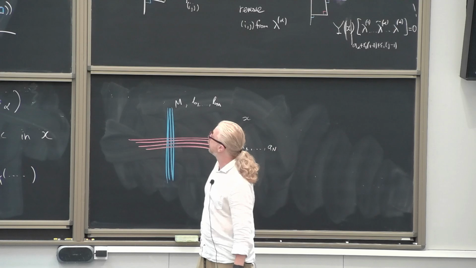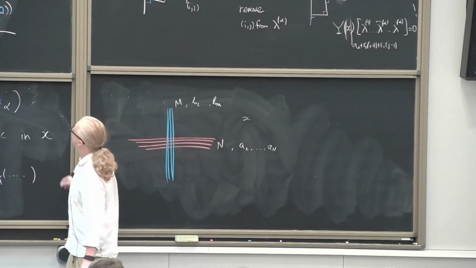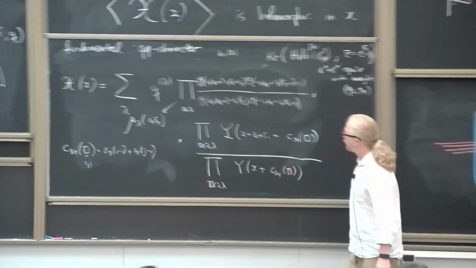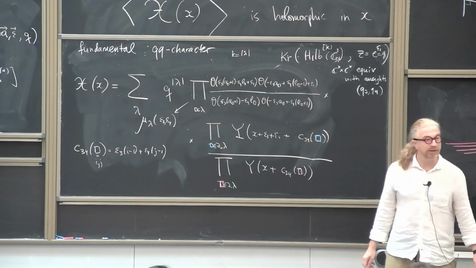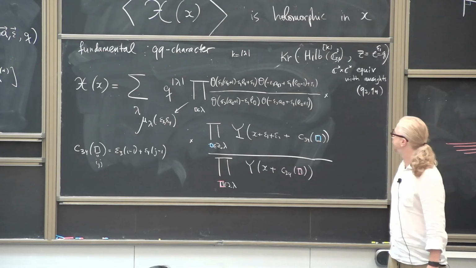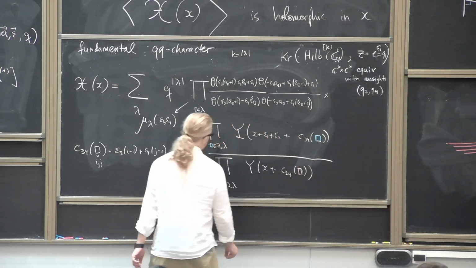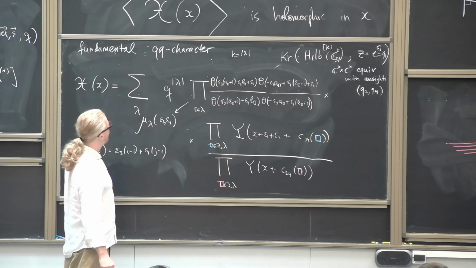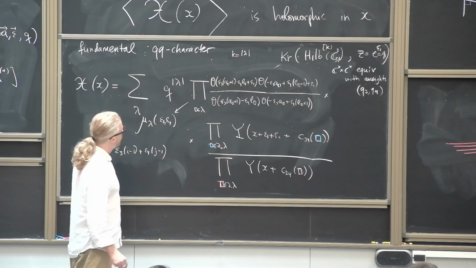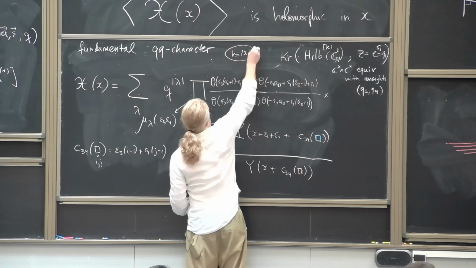What k? Where do you see it appearing? Why do you need to see the instanton number k? Well, because I gave you the formula for k.